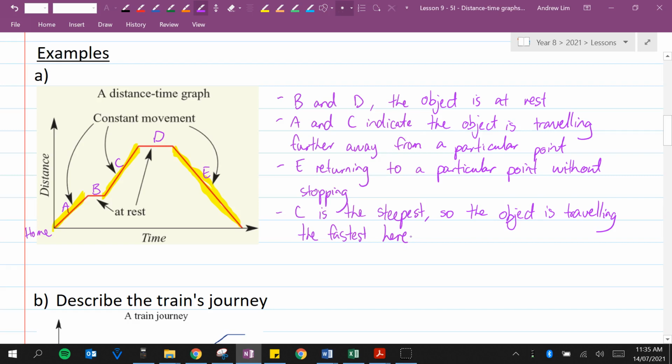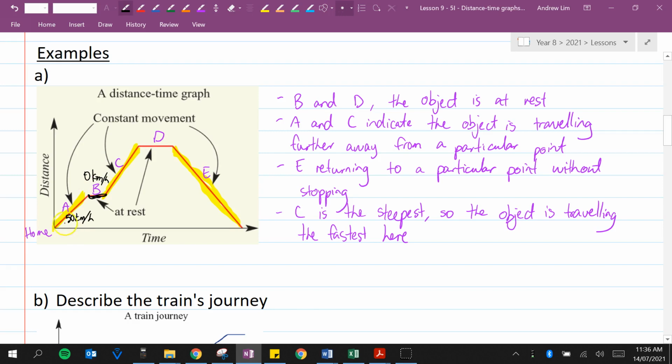So what do I mean by that? Let's say, for example, we leave the home and we're traveling at like 50 kilometers per hour for this long. Then we know that's 0 kilometers per hour because we're not moving.